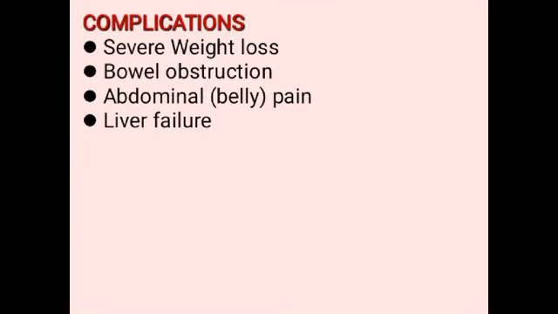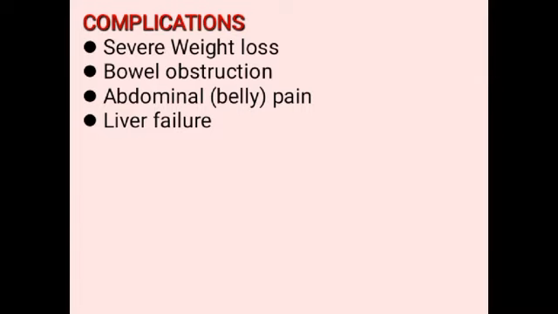What are the possible complications if treatment has not been done or it was undertreated? If this cancer was undertreated or left untreated, there can be severe weight loss, because we have seen the relationship with the digestive system. We can also have bowel obstruction.